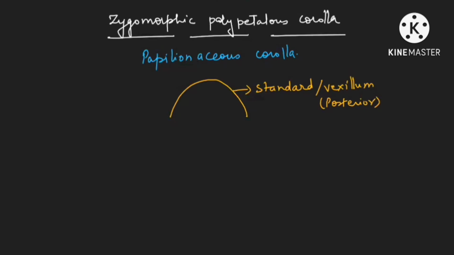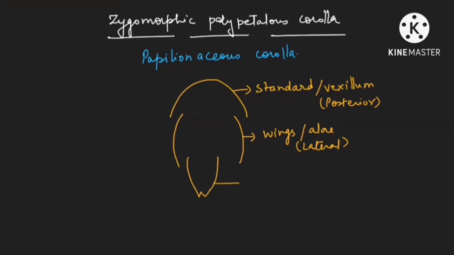The vexillum covers two lateral petals. Their position is lateral, and these are also known as wings or alae. These two lateral petals cover the next anterior ones, which are fused together. This is known as keel or carina, and they are present on the anterior side.